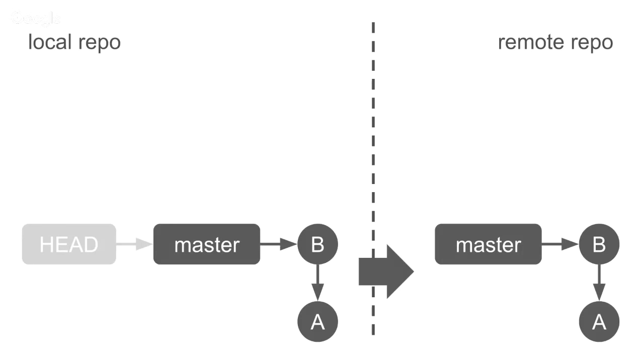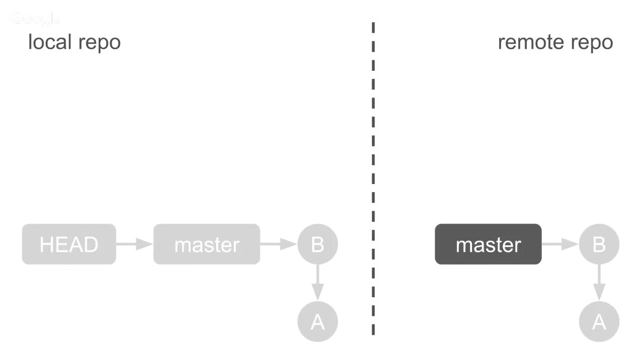So it physically takes those two commits, pushes them to the remote, and also takes the reference master and pushes it to the remote. And right now on the remote repo, we created the branch master. What we see on the screen is, on the left, the information that is present in the local repo, and on the right, the remote repo.